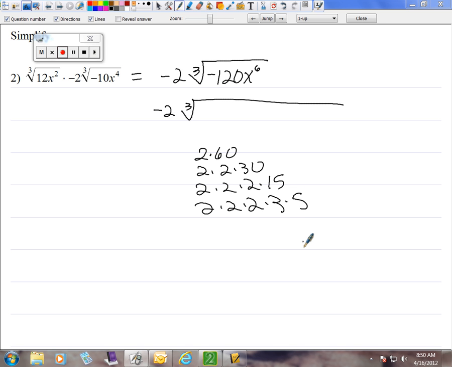How many got that when you did that? Now, is there a cube root there? Yes. What is it? 2. Since 2 appears 3 times, we can take the cube root out. Let's redo this right here.